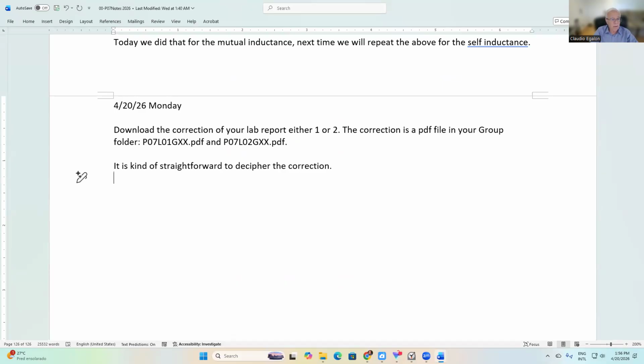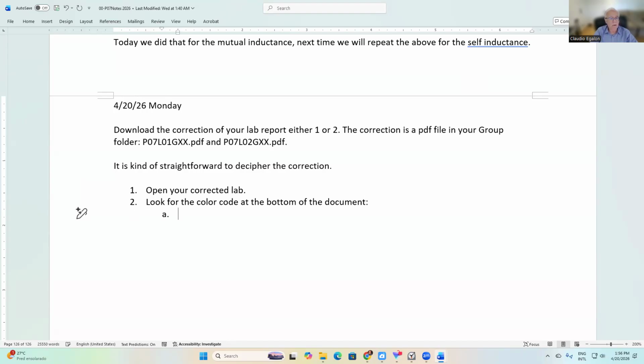So to decipher the correction, what you gotta do? 1, open your corrected lab. 2, look for the color code at the bottom of the document. Okay.